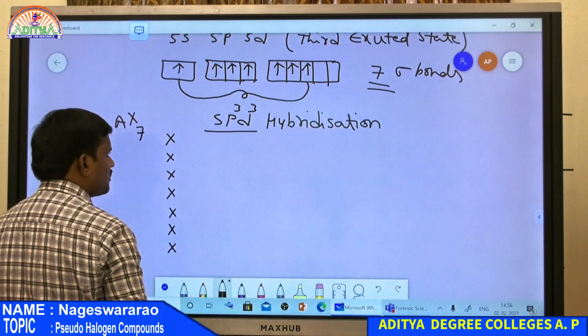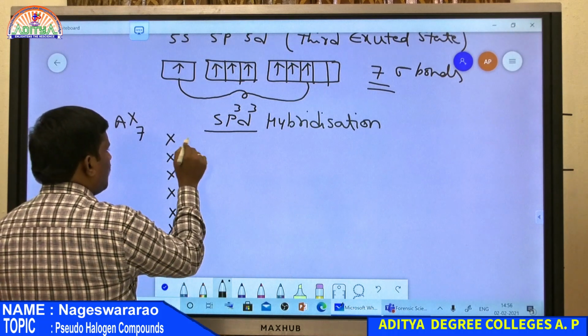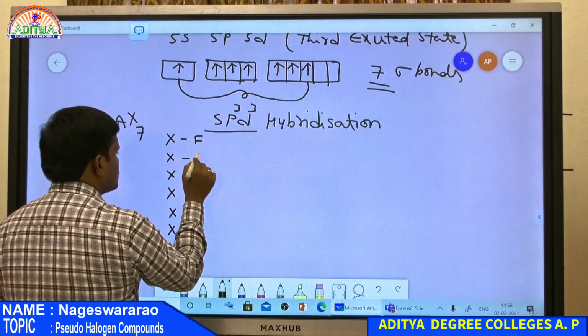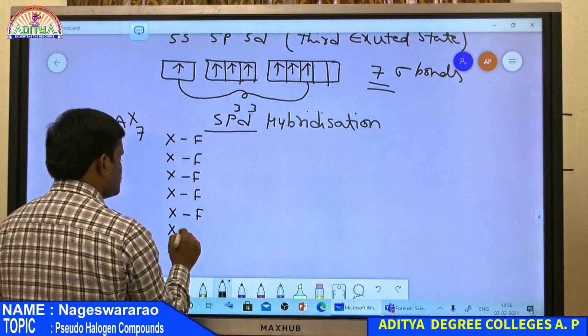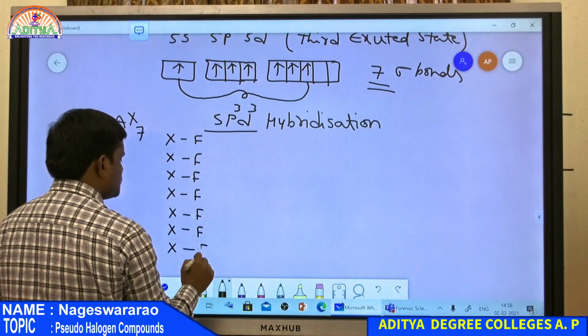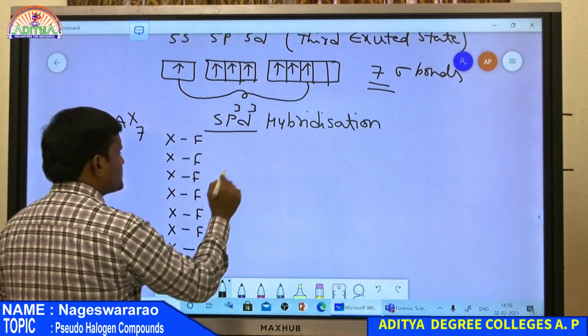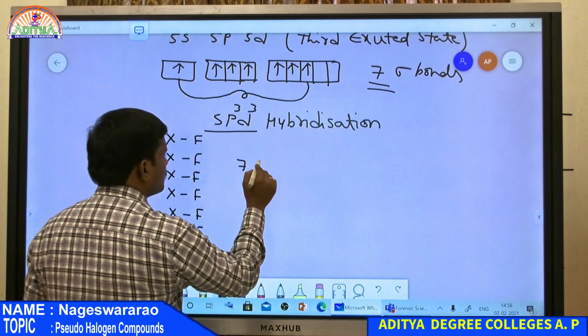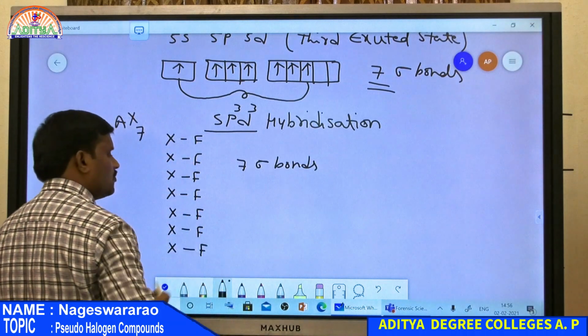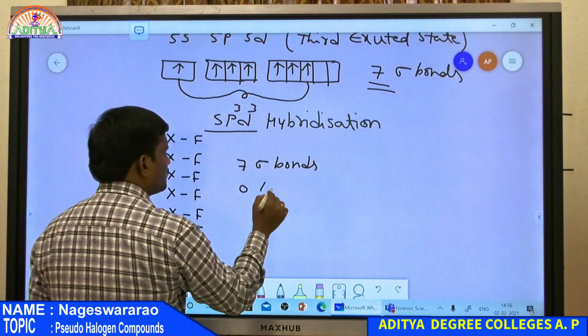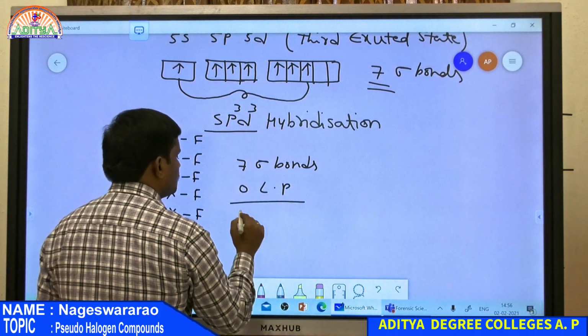So these 7 electrons present at iodine are all bonded with halogens, that is fluorine. So there is a formation of 7 sigma bonds. And how many lone pairs? There is no lone pair of electrons. So 0 lone pairs. Therefore the total is equal to 7.